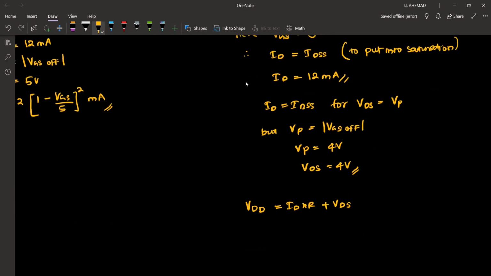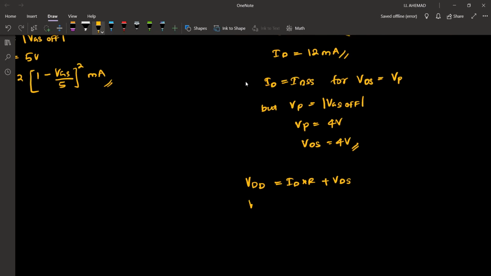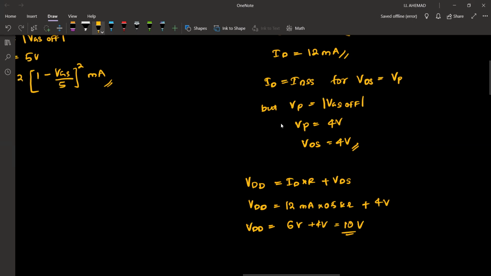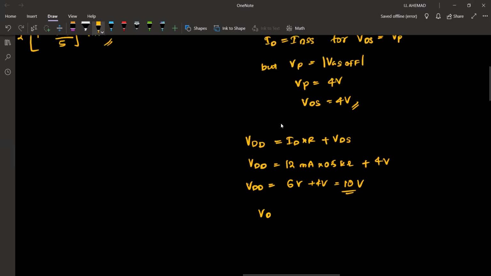So VDD is equal to 12 milliamperes times a resistance of 0.5 kilo ohm, plus VDS, that is 4 volt. If you multiply these two, we get 6 volt plus 4 volt, therefore VDD is equal to plus 10 volt.